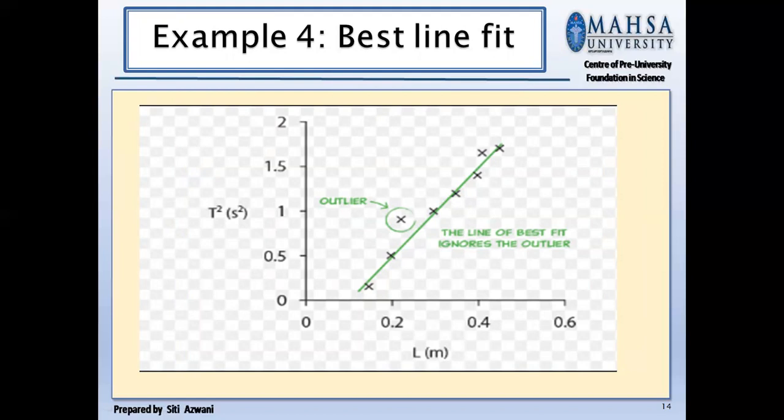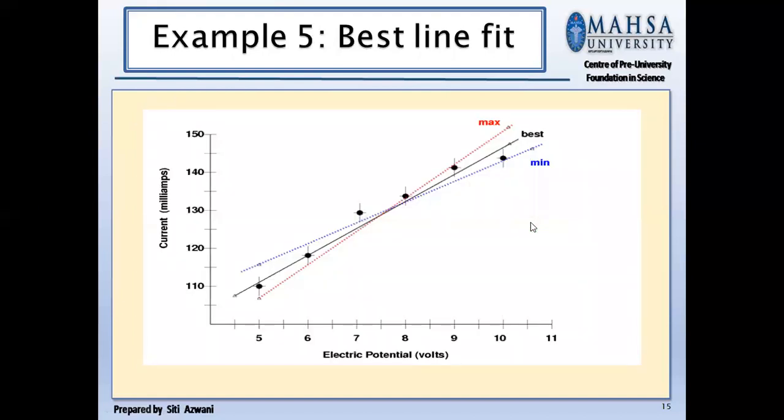So this becomes your best fit line. Actually, for this one, you use your apparatus to check this measurement again, maybe you got some error. You can recheck by repeating the experiment or checking this measurement again, or you can use another method to find the best line fit.